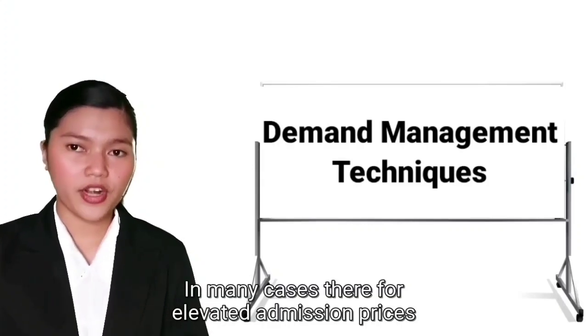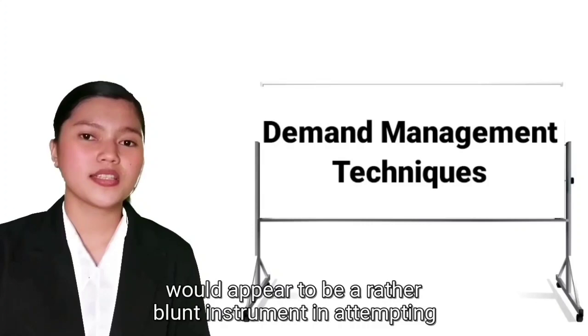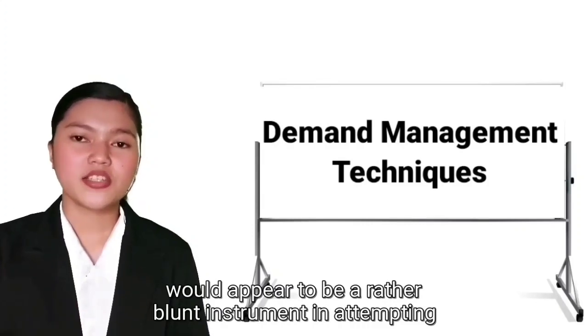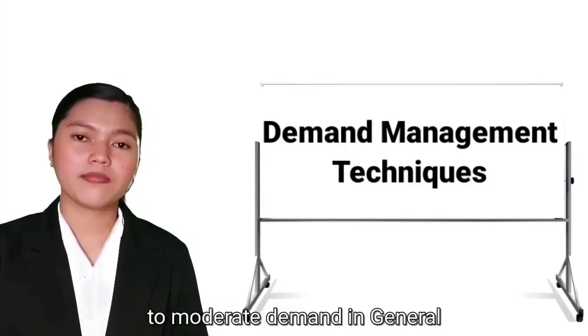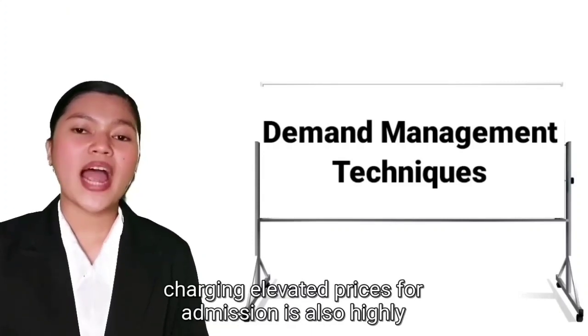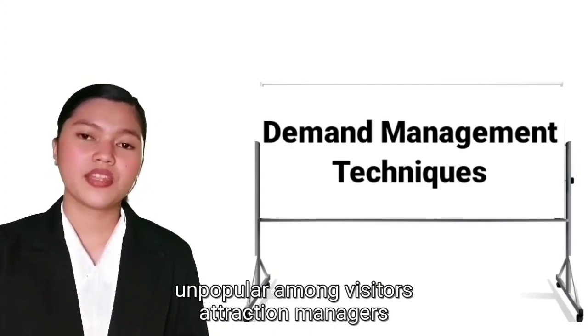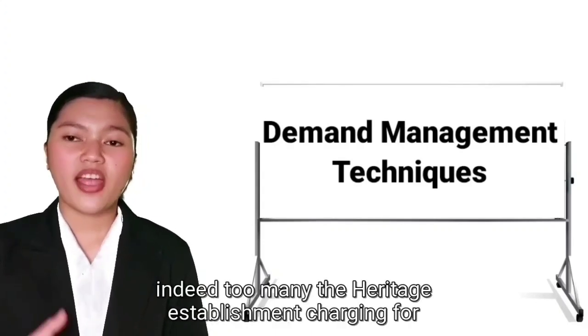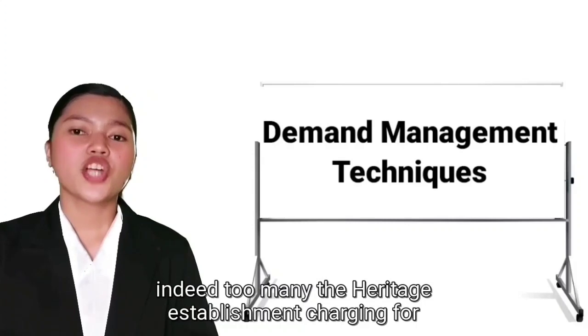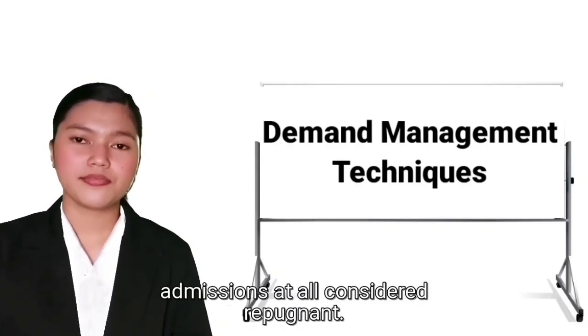In many cases, therefore, elevated admission prices would appear to be a rather blunt instrument in attempting to moderate demand in general. Charging elevated prices for admission is also highly unpopular among visitor attraction managers. Indeed, to many in the heritage establishment, charging for admission at all is considered repugnant.